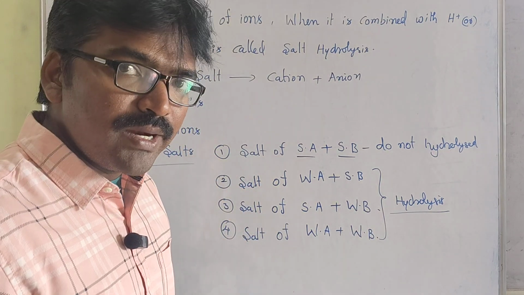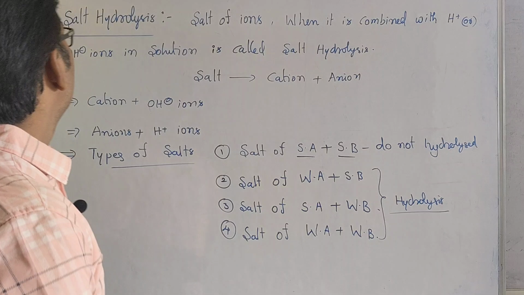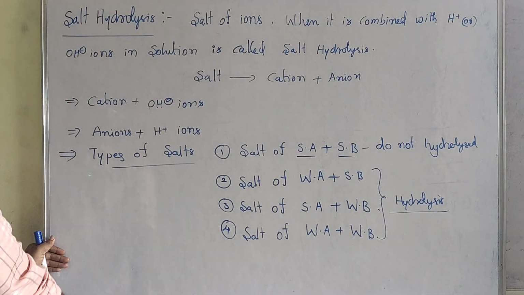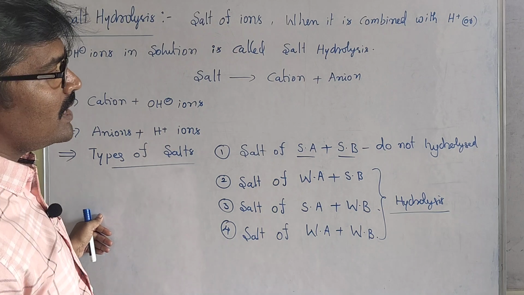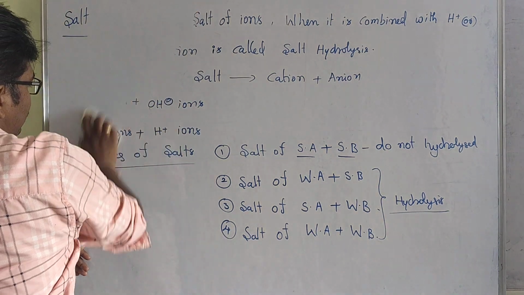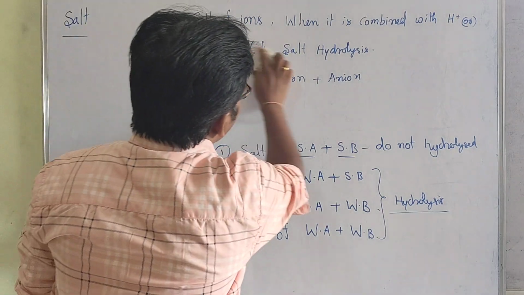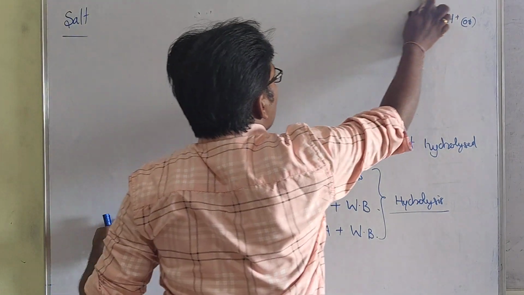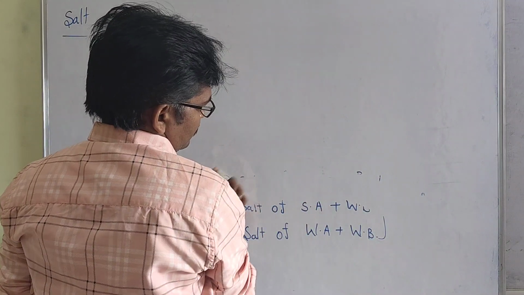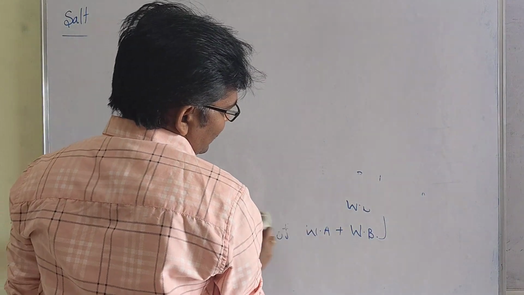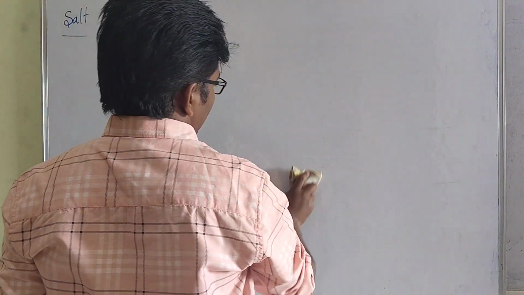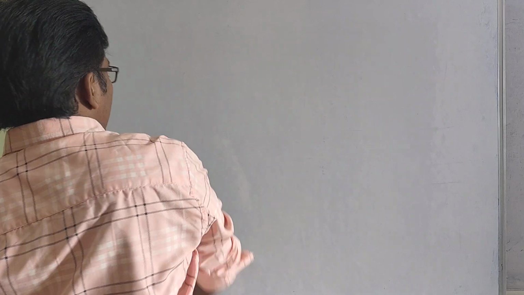Understand, my dear students? The salts of a strong acid and a strong base are not hydrolyzed. The remaining 3 are hydrolyzed.